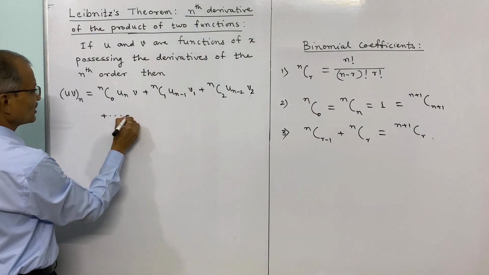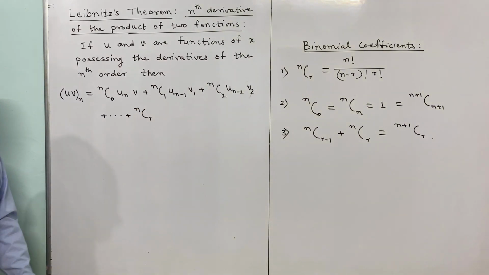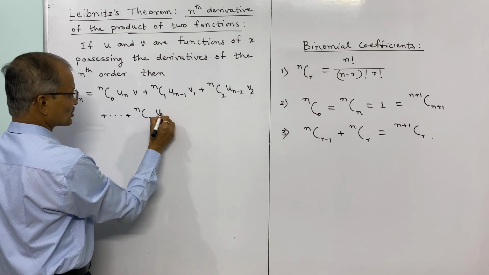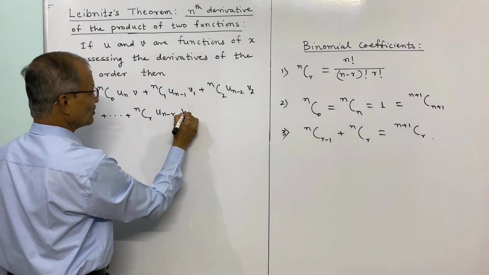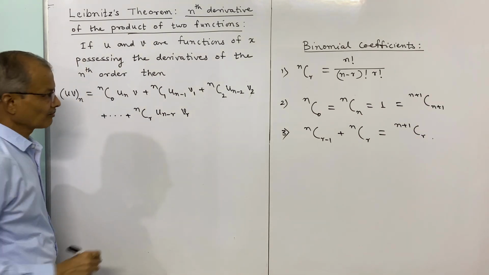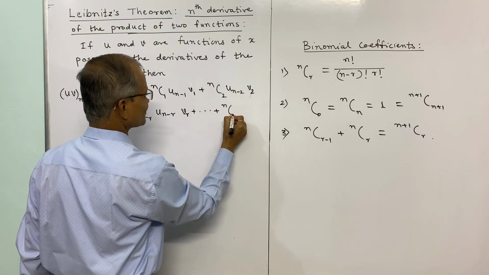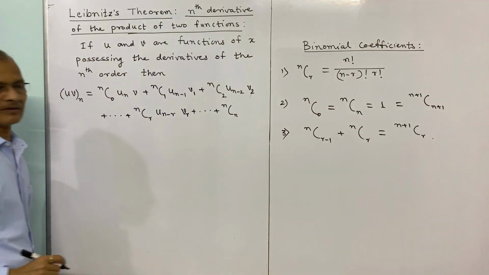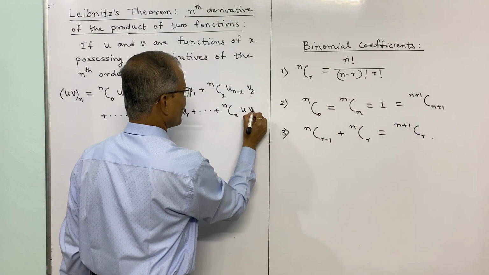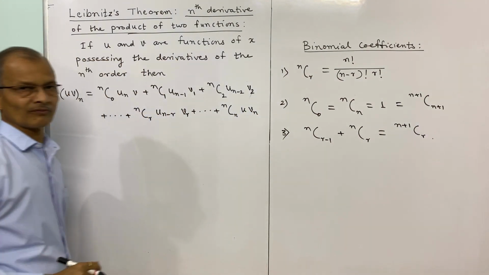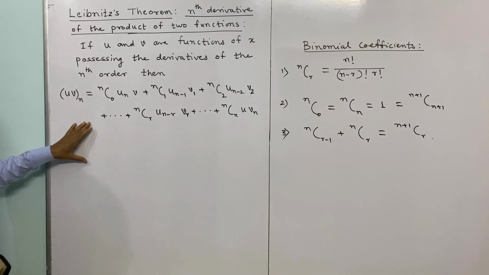In general, the general term is n choose r, the (n minus r)th derivative of u into the rth derivative of v, plus so on. And the last binomial coefficient is n choose n, u vn, the nth derivative of v. So this is the statement of Leibniz theorem.